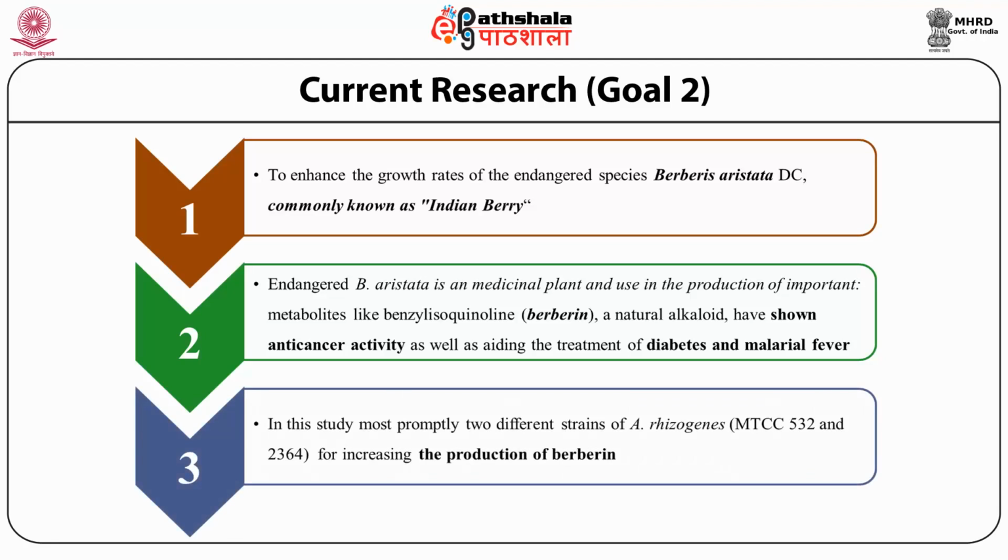In this study, the two most prominent strains of this rhizogenes are MTCC 532 and MTCC 2364 for increasing the production of berberine. So students, let me summarize this topic, that means what we have learned in this module.